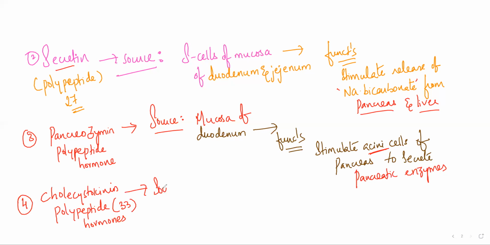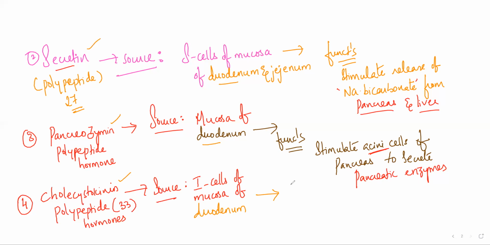And if you speak about the source of the cholecystokinin, it's produced by the I cells of the mucosa of duodenum. So you can see secretin produced by the S cells and pancreozymin by the mucosa, and the I cells of the mucosa of the duodenum again are pouring out the cholecystokinin. You can see a wide range of gastrointestinal hormones secreted by the duodenum.